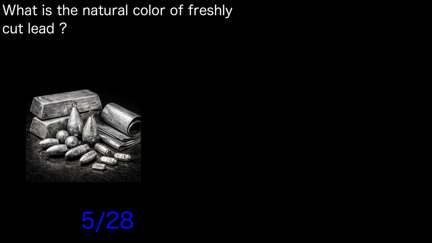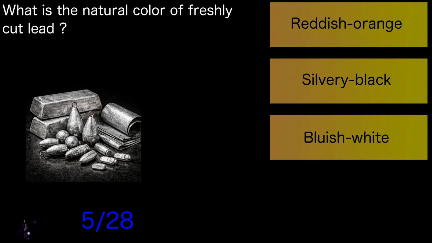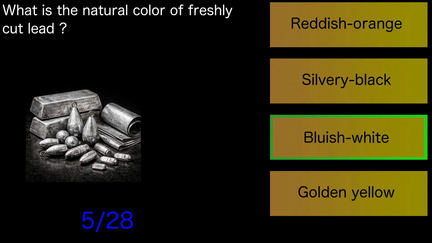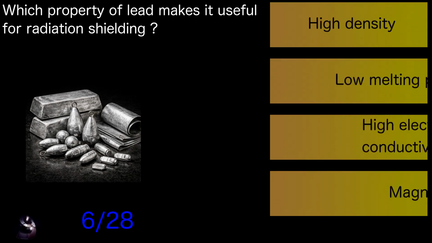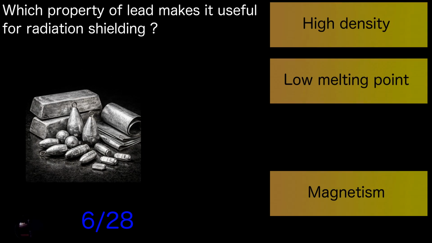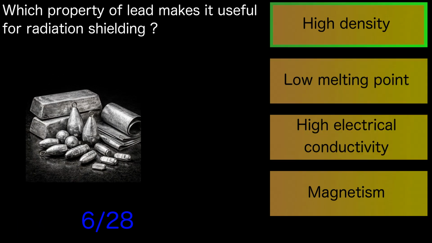What is the natural color of freshly cut lead? Bluish white. Which property of lead makes it useful for radiation shielding? High density.